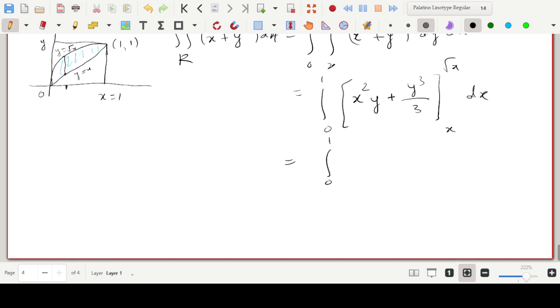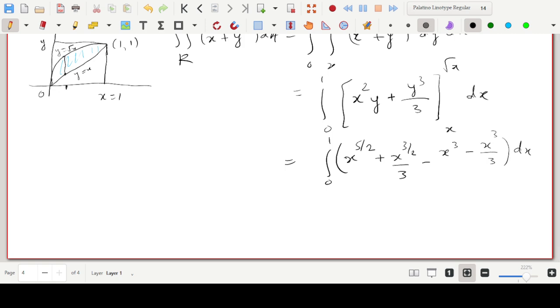So it is x to the power 5 over 2 plus root x cube, so x to the power 3 over 2 divided by 3, minus x cube, minus x cube over 3, dx.